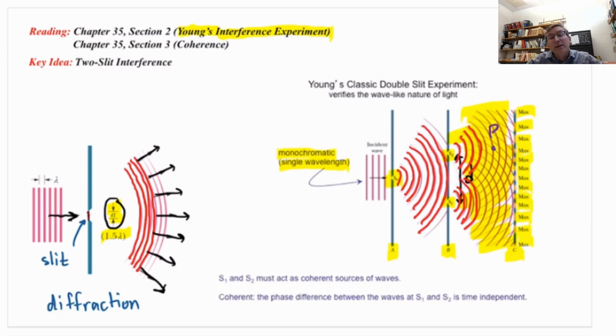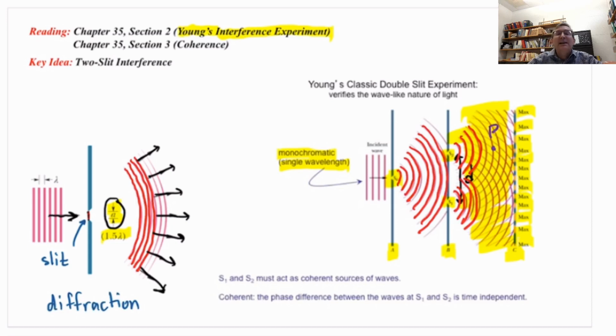So alternating bright, dark, bright, dark, bright, dark. That's called an interference pattern. If you did part B of the last experiment already in lab, you saw that with the laser light on the wall, alternating bright and dark fringes. Okay? And that was the first really definitive experimental evidence that light could behave like a wave.